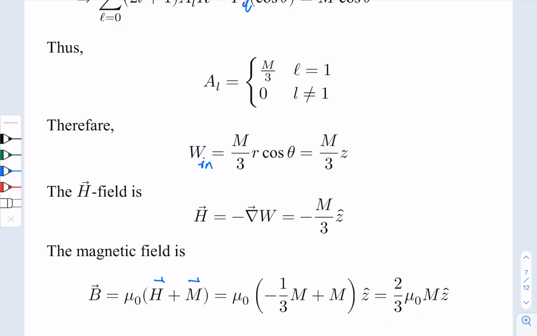So this is a way of solving this magnetic problem using what we have learned in this chapter 3, but without directly invoking the mapping between the electric field and the magnetic field.